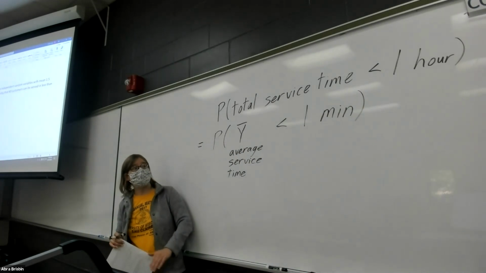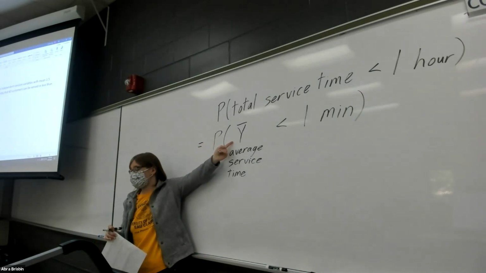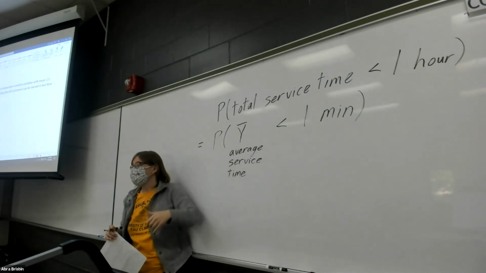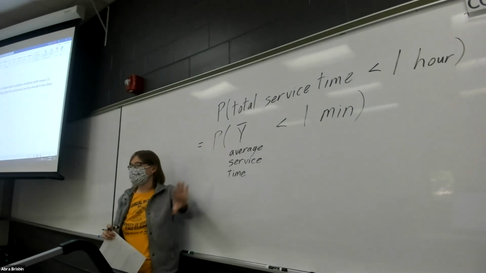So now we've rewritten this in terms of a probability involving y bar. So now this is a similar sort of question to what we solved in problems 1 and 2. Give this a try from here.